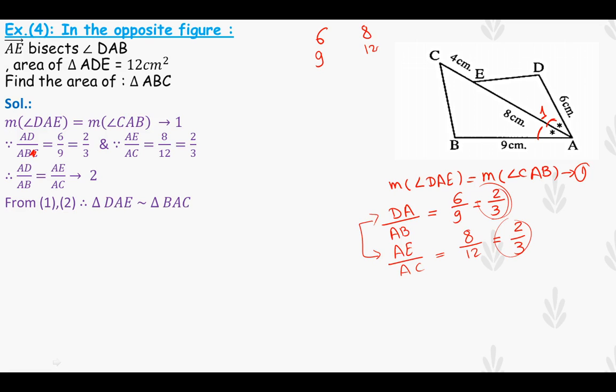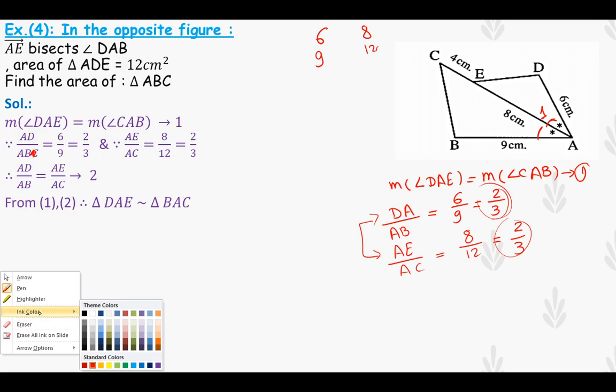Mister, how can we arrange the vertices of the triangle? Here we don't know the arrangement of the triangle. Here we have to write the corresponding vertices together. Let me explain it to you. Let's choose another color.